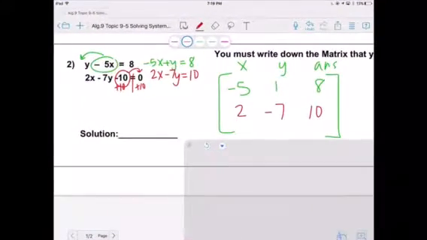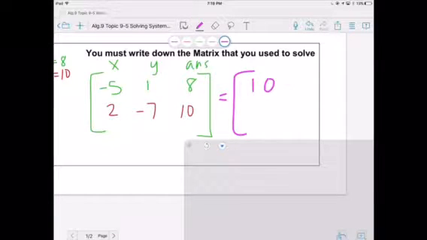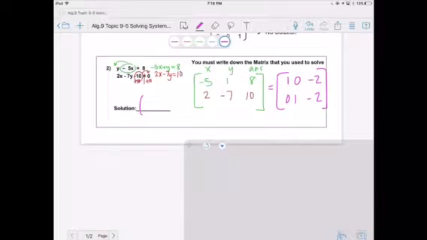I have a -5, 1, 8, 2, -7, and 10. So I put my matrix in exactly like I see it. I have the 1, 0, 0, 1, which is a good sign, so I'm going to write this down. So my solution will be -2, -2, because that's what I am given.